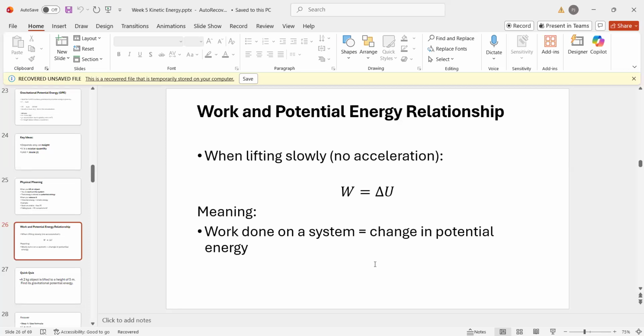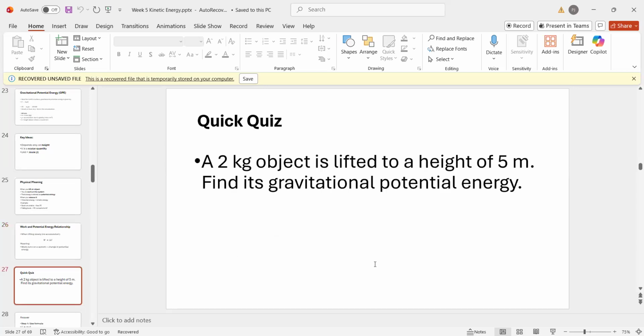So change in potential energy is equal to the work done on the system. So when there's a change, potential energy starts moving into kinetic energy. Work will only be done when you're able to disturb the system and there will be a movement and the potential energy is off.